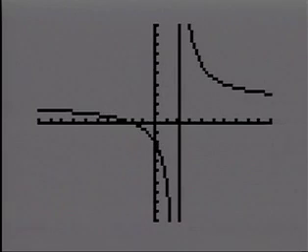Now let's see if we can check this solution using our graphing calculator. I've already entered the function under y1, so all I need to do is press graph. And here's the graph. Remember, we're looking for the interval where the rational function is negative, so that's where the graph is below the x-axis. Notice I have one place where the graph crosses the x-axis, and then I have another place where the function's undefined.